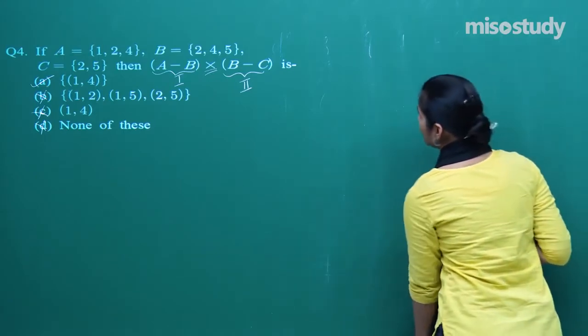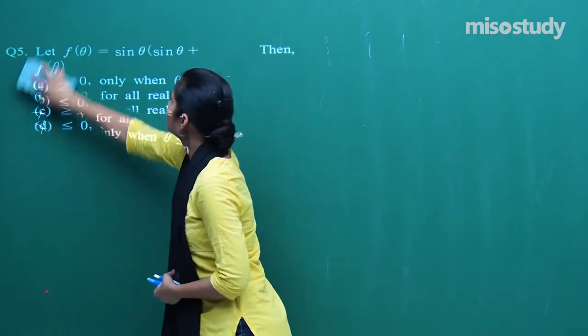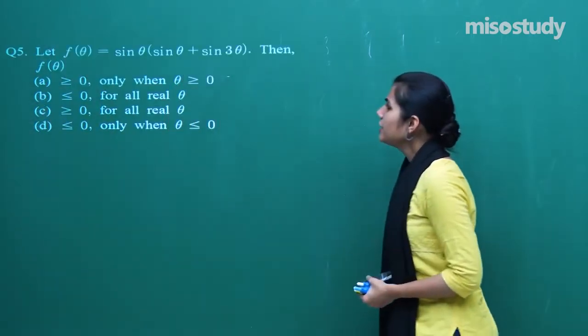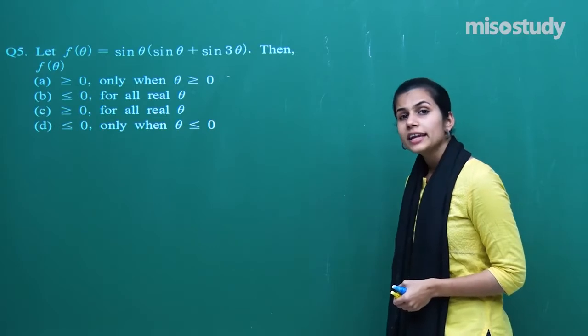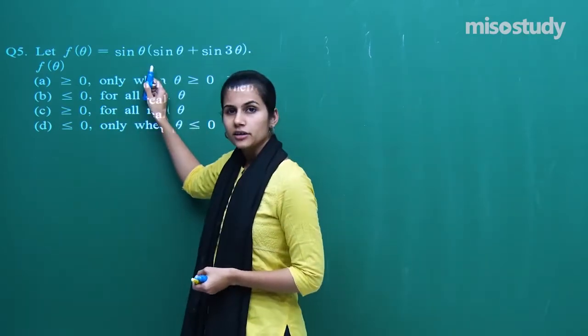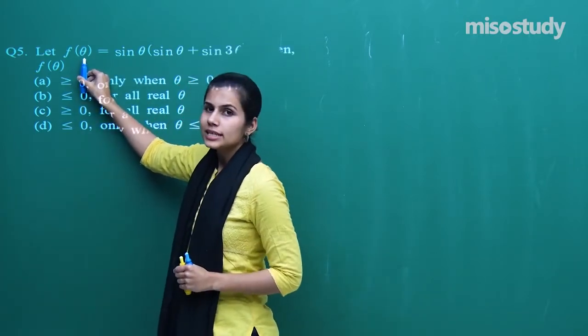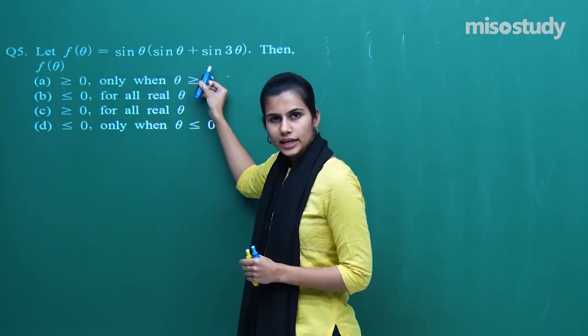Question number 5, if I try and understand, is: I am given a function with variable as theta. Just look over here, it is theta, which you input inside f, you get f of theta like this.